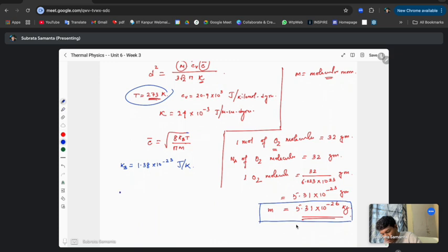C average is basically 8 times 1.38 times 10 to the power minus 23 times 273 Kelvin, 0 degree centigrade, that means 273 Kelvin, over what is the value of pi? 3.14 times what is the value of m? 5.31 times 10 to the power minus 26.